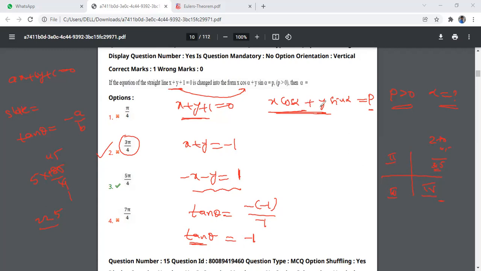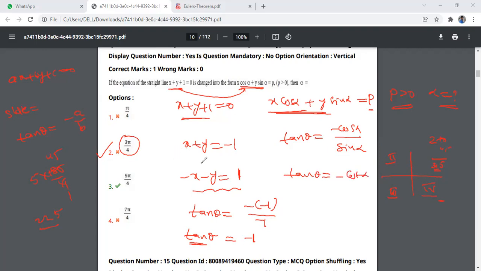Now we have to take, because they are comparing with this, no? They are comparing with this, so what is tan theta here? Tan theta is equal to minus a by b. Minus a means cos alpha by sin alpha. So this tan theta is equal to minus cot alpha.